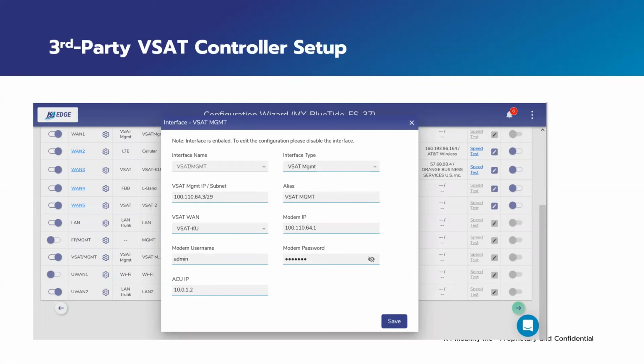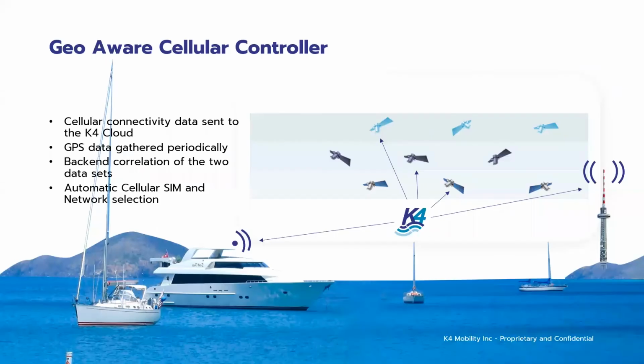So along the same line as the VSAT controller updates, we've also made updates to our cellular controller, which is now geo-aware. So most of the K4 products, like the Edge One or our One Dome, as well as our OneBox, all have LTE radios built into them. And so we have been collecting data from our system for a long time.